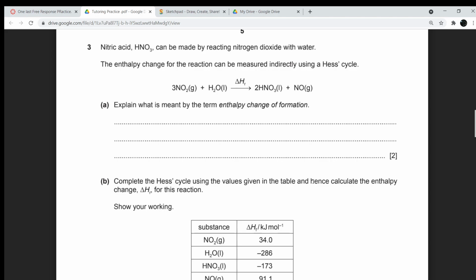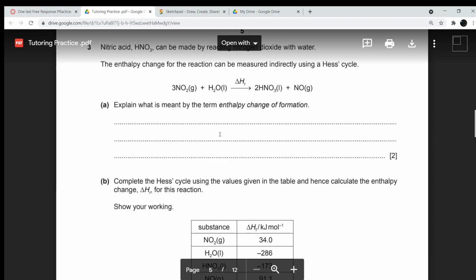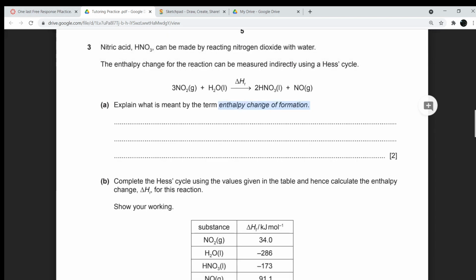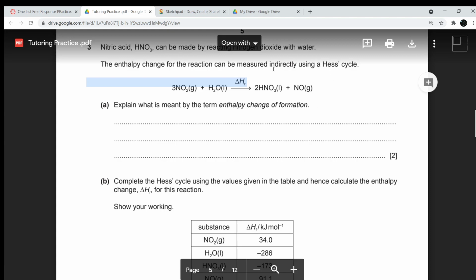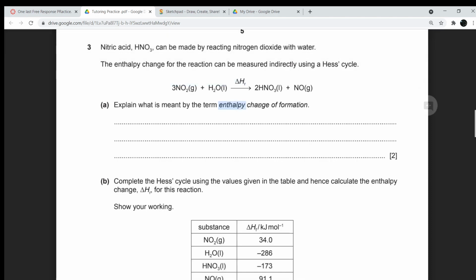Question number 3 is asking us to explain the term enthalpy change of formation. They phrase it weird, but it looks like it's enthalpy of formation that they're looking for. Not gonna lie, they asked this question weird.